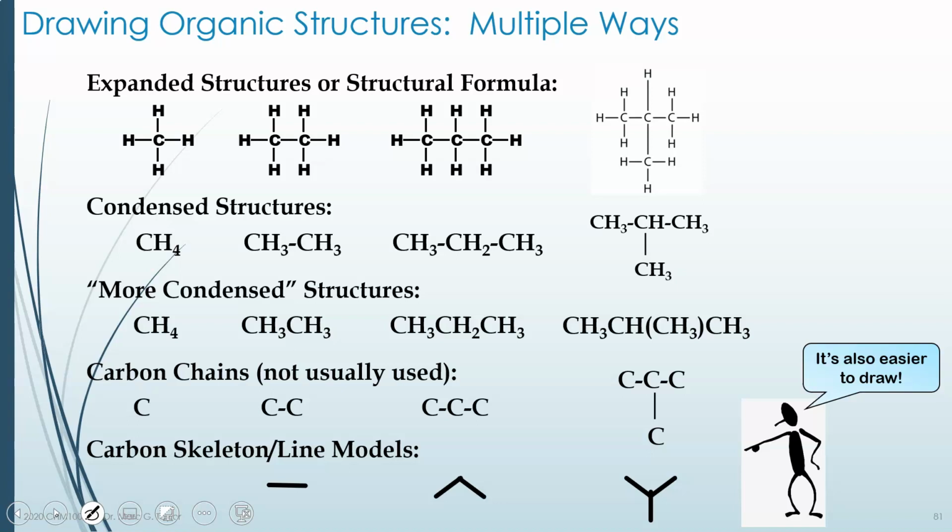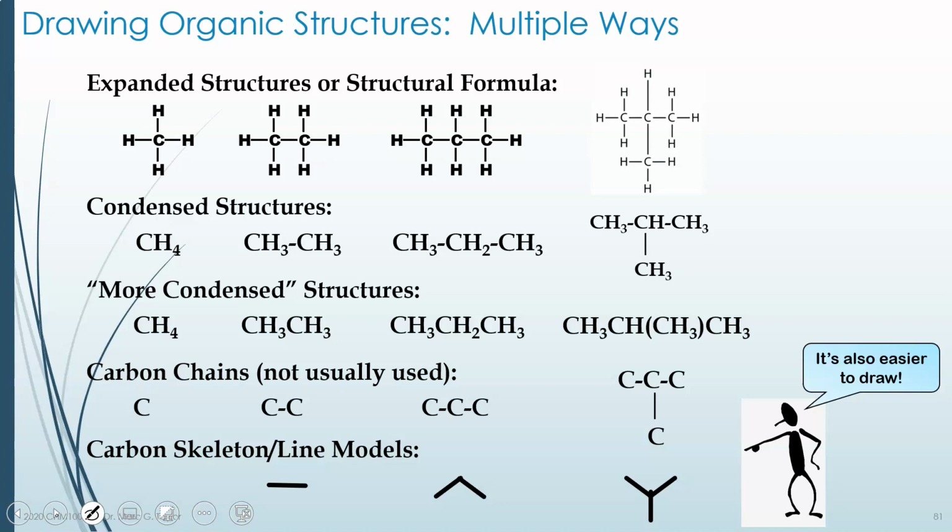We don't show the hydrogens. There are some cases where we do write hydrogens. If hydrogens are attached to other types of atoms besides carbons, then we would write the hydrogens out as well as those other atoms. Atoms that are not hydrogen or carbon are called heteroatoms. So we always write heteroatoms and the hydrogens attached to them.